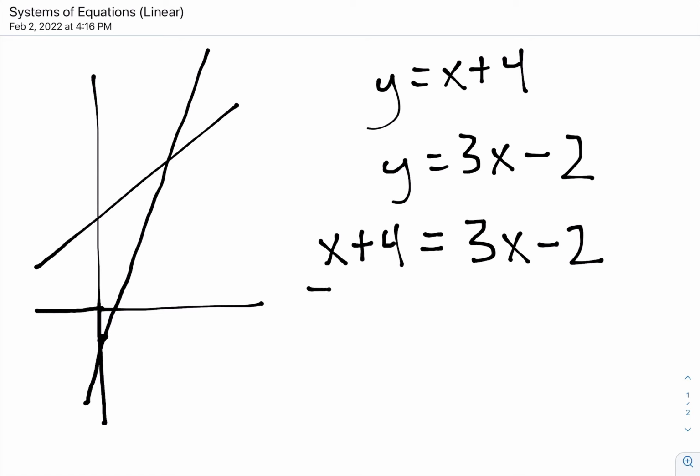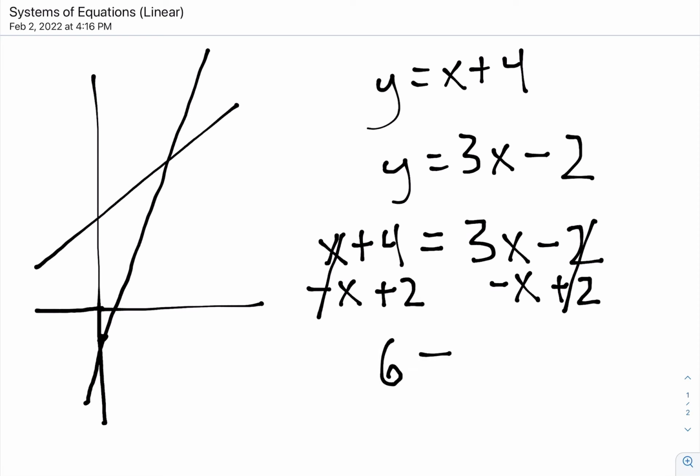So I'm just going to move this x. We subtract an x on both sides, and we add 2 on both sides to move this -2 over to the left. This x is going to go away, these 2's are going to go away, so we get 4 plus 2, that's 6. 6 equals 3x minus x, which gives us 2x.